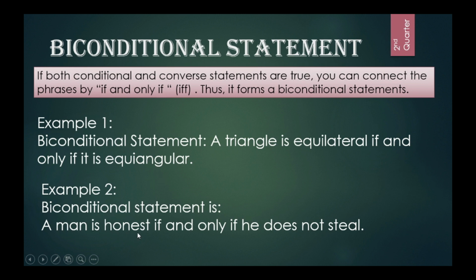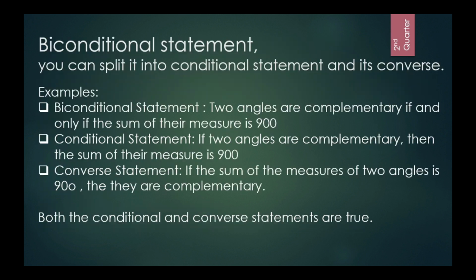A man is honest if and only if he does not steal. So, ando na yung word na if and only if. Remember, conditional at converse dapat parehas true para makagawa ka ng biconditional statements. Alright? Naintindihan na ba ang biconditional? Okay, so I think we can move on to the next one.